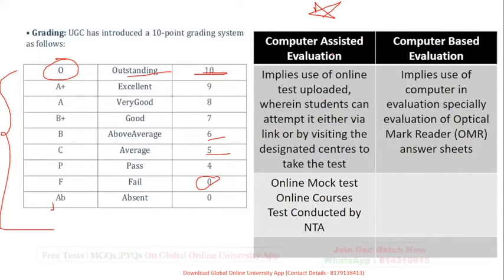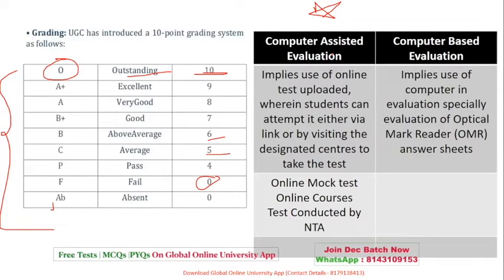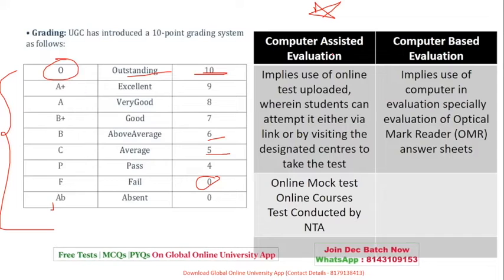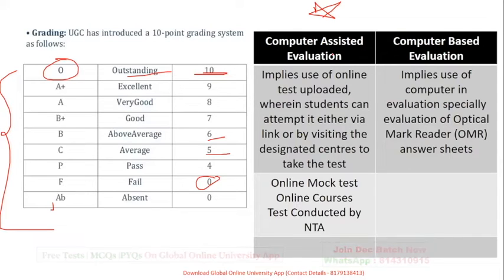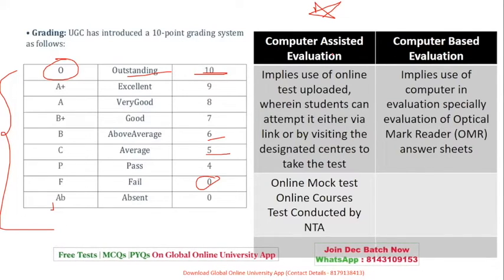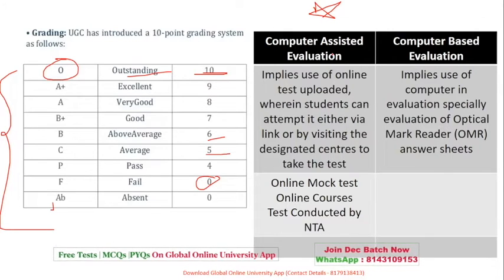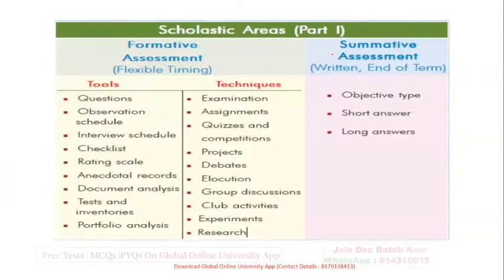Computer based evaluation is where your evaluation happens with the help of the OMR sheet, that is optical mark reader answer sheets, which is again technology based, but with the help of this technology, your sheets are assessed or evaluated.